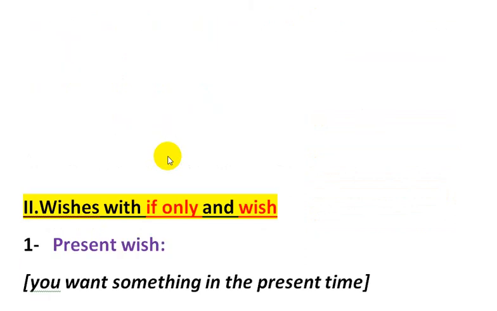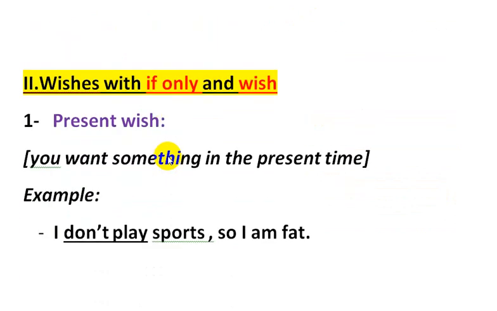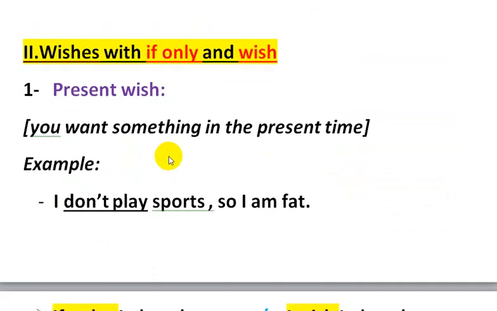Nice. Moving on to the second point in this lesson, which is wishes using the expressions if only and wish. So in general, in reality, when we talk or write, we express wishes relating to the present, past, or future.